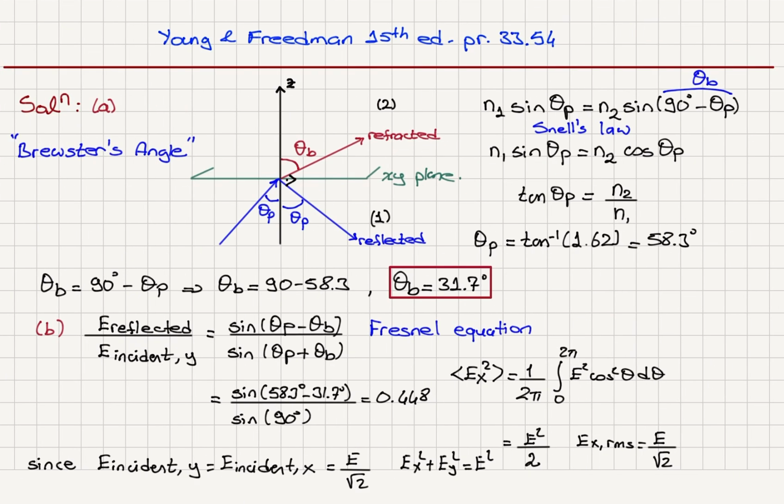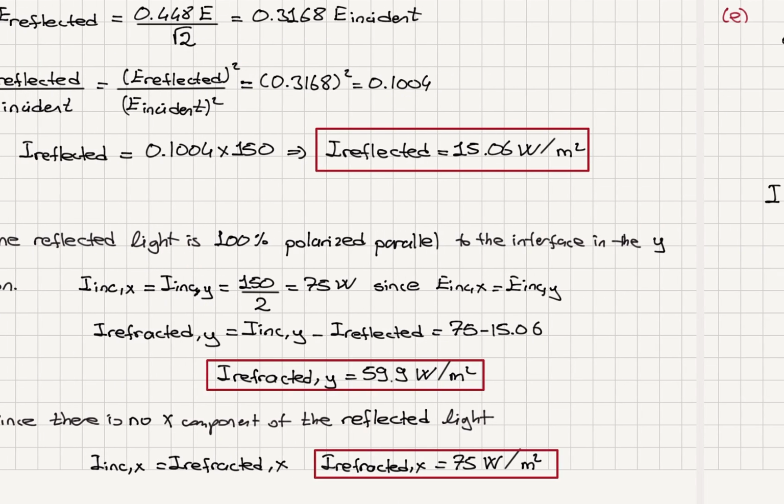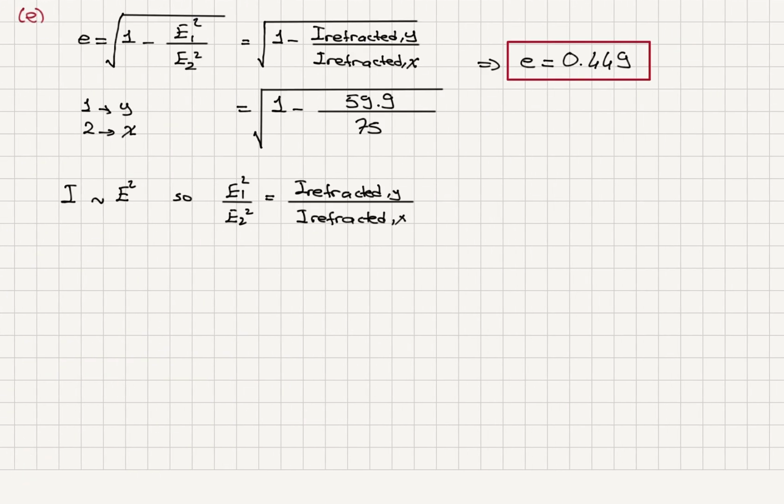Okay, so with that, we know the intensity ratio, refracted beam y component over refracted beam x component, 59.9 divided by 75. So it's the square root of 1 minus 59.9 over 75. Then it's going to give us an eccentricity of 0.449.